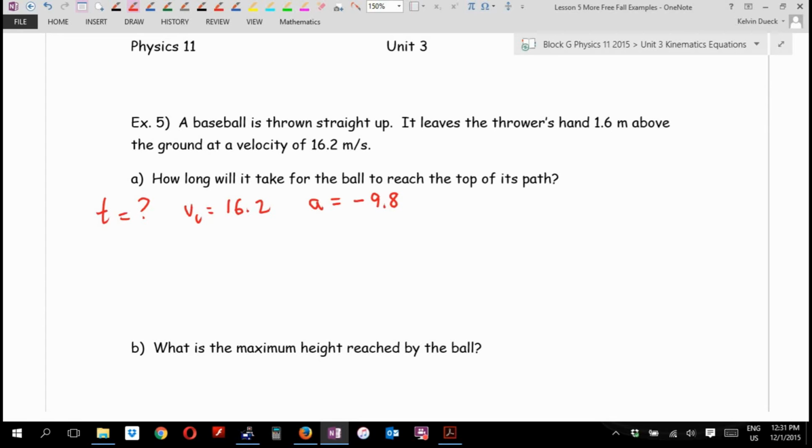There must be something else that I know. What else do I know? You know what? This distance here is just telling me how high above the ground I started. This is like the cliff height. I don't think I'm going to use that for a while. I will later. But what else do I know, Jaden, about the top?